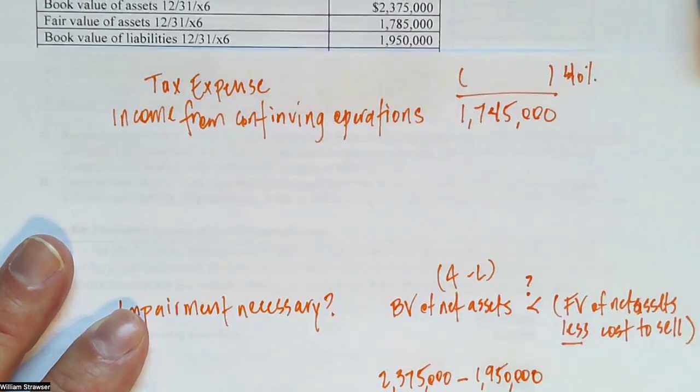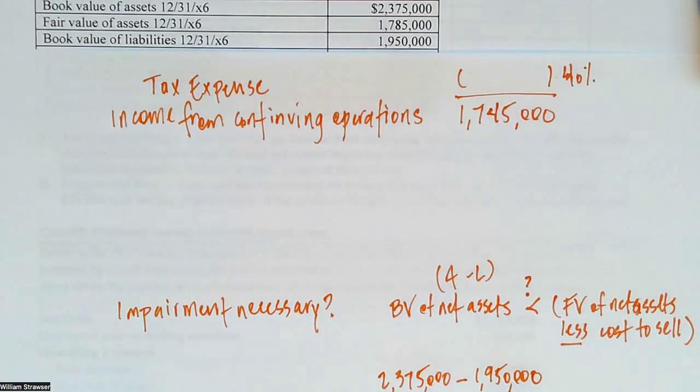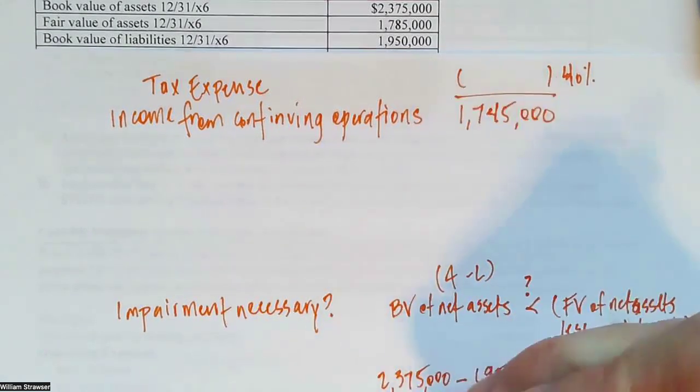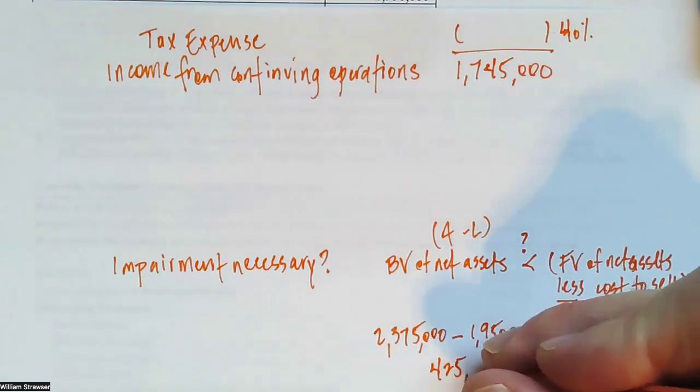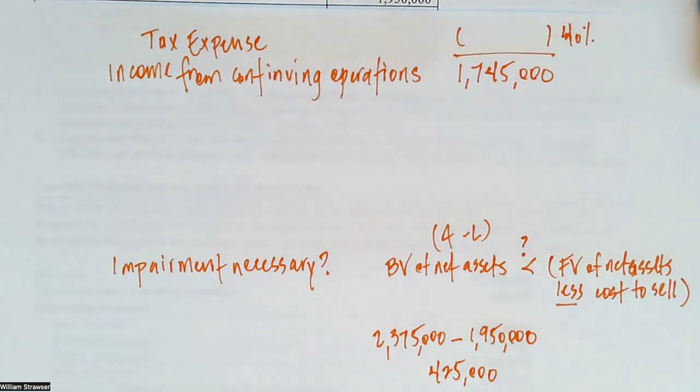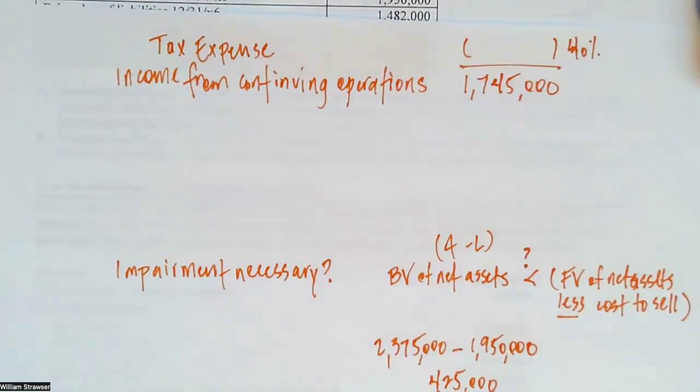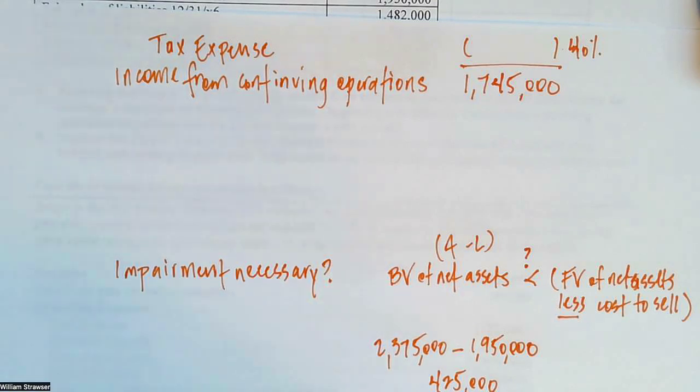And we take the difference between those two, and that looks like it should be $425,000. So that's the book value of net assets after I solve it. I'm doing math mentally, which is an occupational hazard sometimes, but it looks like that's right. I'll grab my phone just to verify future numbers.